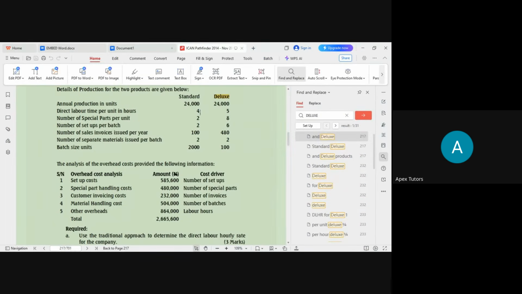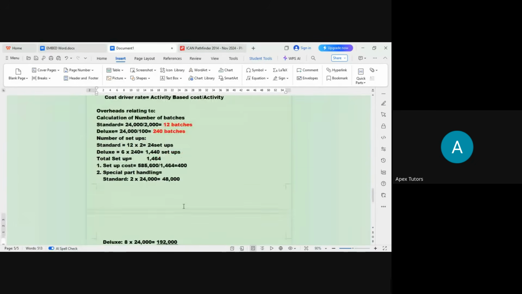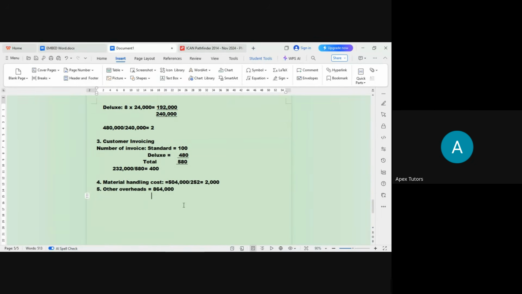It's 4 multiplied by 24,000, 5 multiplied by 24,000. You add both together, you have 216,000. When you divide, you should have 4.